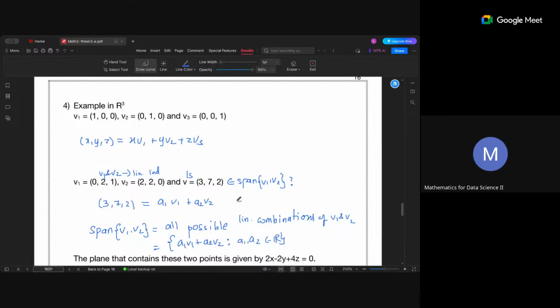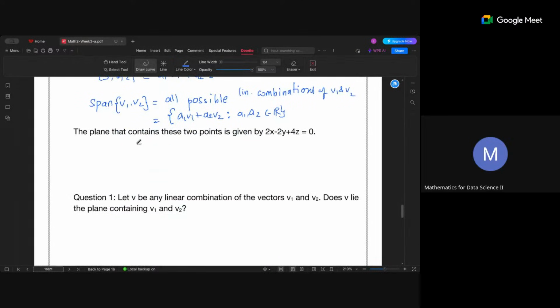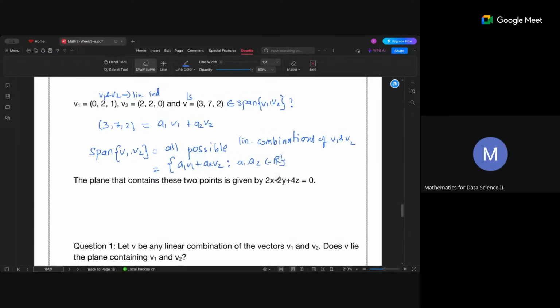Okay. So the plane that contains these two points, V1 and V2, is given by this equation. You see that this plane is nothing but the span of V1, V2. When you take the span of two linearly independent vectors, what you get is always a plane.